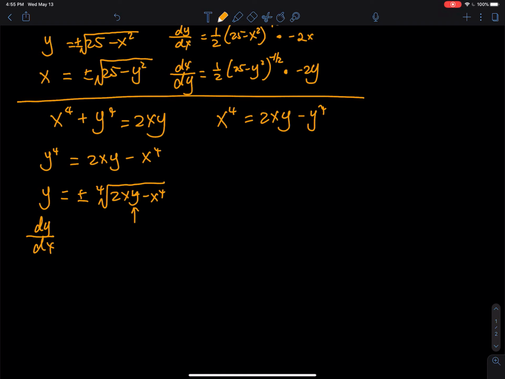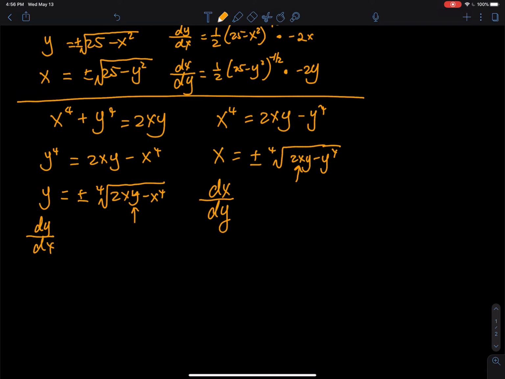The answer is no. I don't think that is possible. So here you have x, and then plus or minus the fourth root of 2xy minus y to the fourth. So you are not able to take the derivative of x with respect to y, because there is an x in there. That is impossible. Okay?